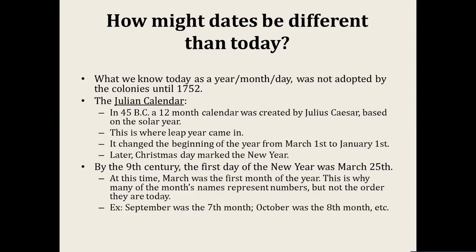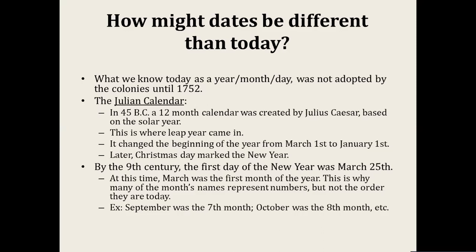The Julian calendar is what was being used. In 45 BC, a 12-month calendar was created by Julius Caesar based on the solar year. This is where leap year first came in, and it changed the beginning of the year from March the 1st to January the 1st. And then later, Christmas Day marked the new year.